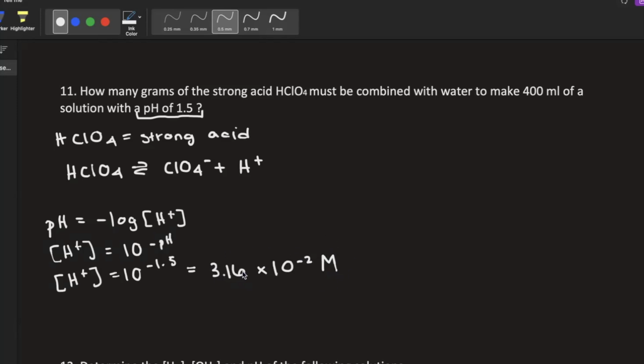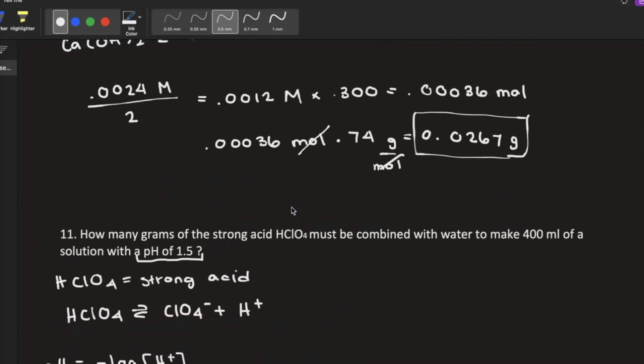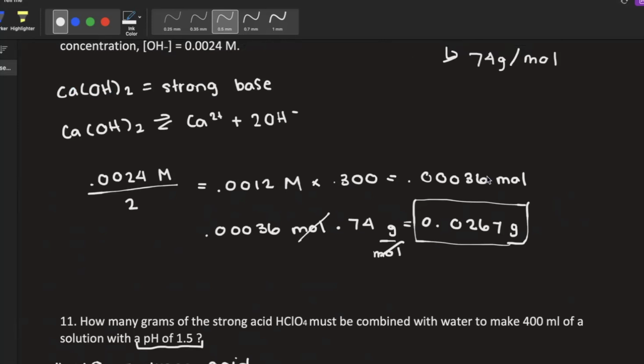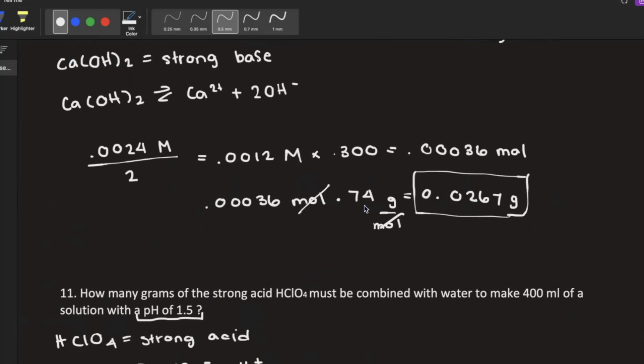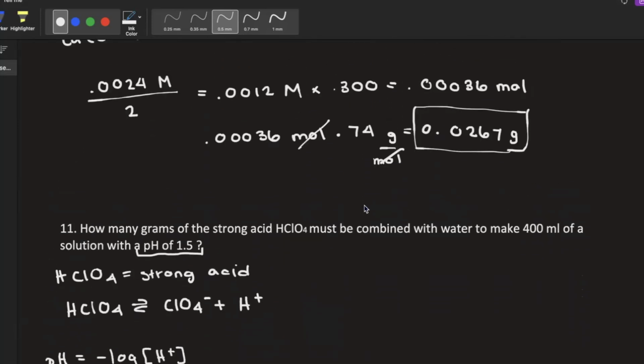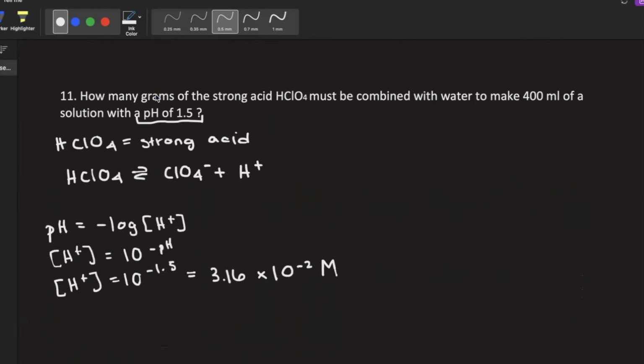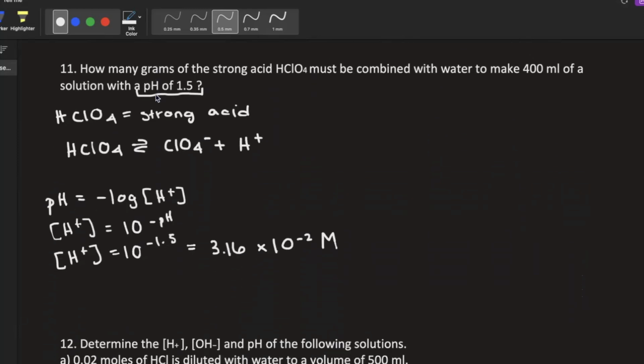Since we have the molarity now, we multiply the molarity by the liters to get 0.01264 moles.